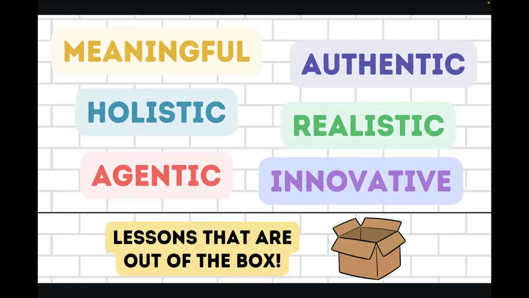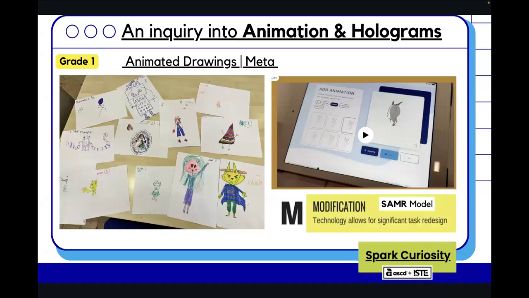And from here, I am going to start talking about some experiences that I've had with my students. In grade 1, for example, we used animation and holograms. We tried to animate the drawings that they made with their hands. So we were learning about the senses and then modifying the experience based on the SAMR model to use an AI tool that animates their drawings, and they get to choose the animation point.